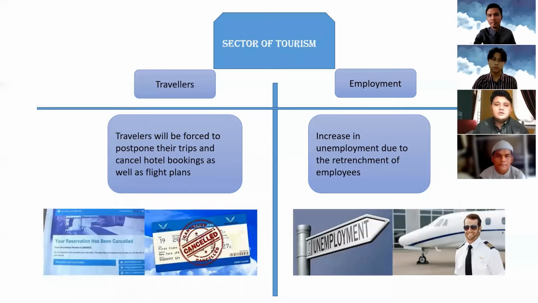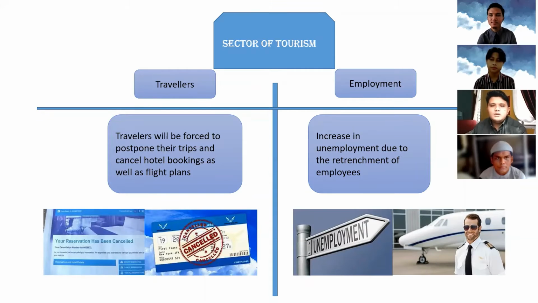I will continue on another effect. Another effect is on tourism, which is expected to be hit the hardest. Travelers will be forced to postpone their trips and cancel hotel bookings as well as planned flights, which is a huge loss for Malaysia since it was ranked the third most popular ASEAN travel destination in 2018.